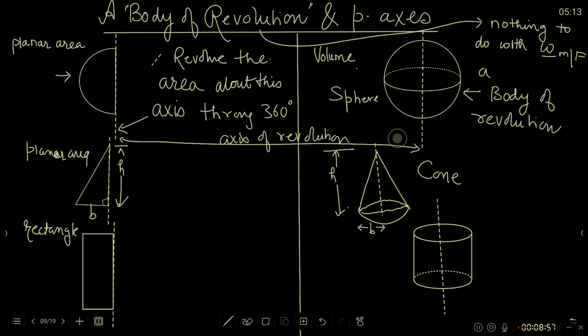Again, if this is height, this will become the height of the circular cylinder, and if this is the edge length of the rectangle, it will result into radius. That will become the radius of the circular cylinder. So these are examples of body of revolution.